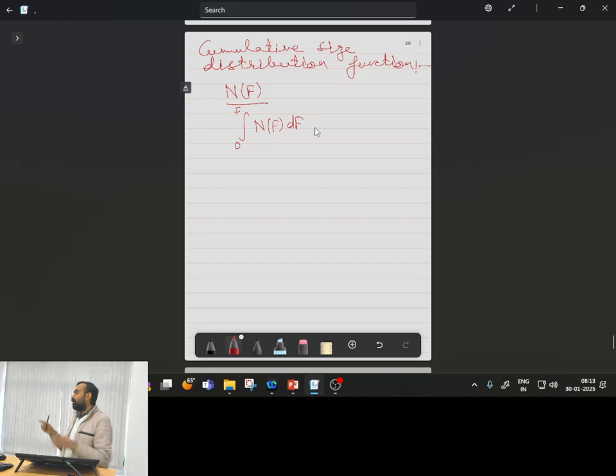All the particles in the previous band are included, and when I consider the next band, I have to take the sum of the previous one. Let me call the cumulative one n star of f.